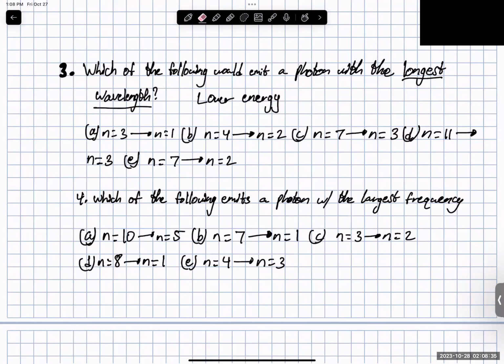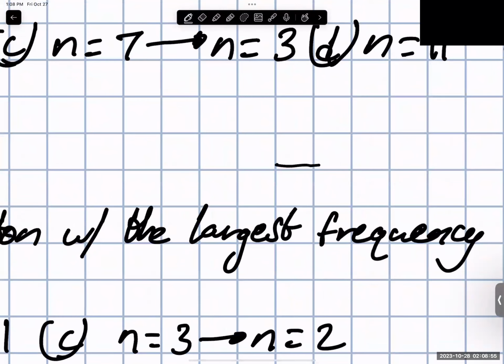Also D. 11 to 3. And why not 7 to 3? 11 to 3. Yeah, it's right. Lower energies, less energy. So let's just make this energy level 3.